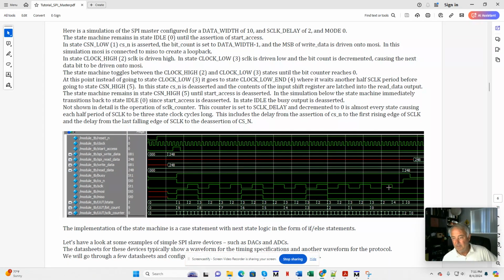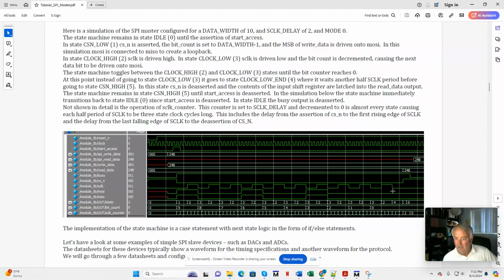And at this point, from state 2, clock high, we transition to state 4, which is clock low end. And why do we do that? Well, it's because we do not want to decrement the bit count below 0, and because we want to wait 1/2 S clock period in that state before deasserting chip select.